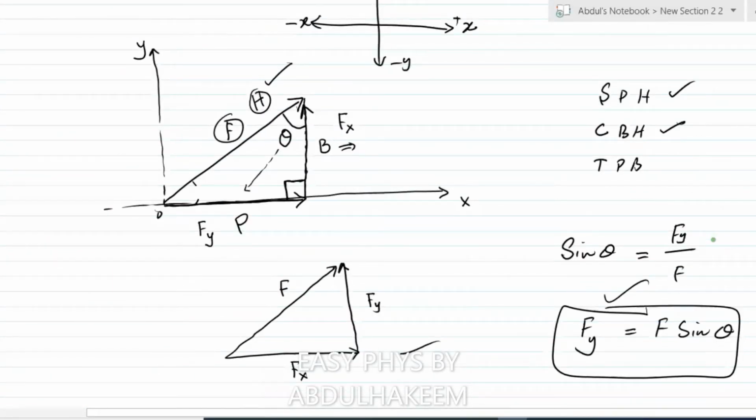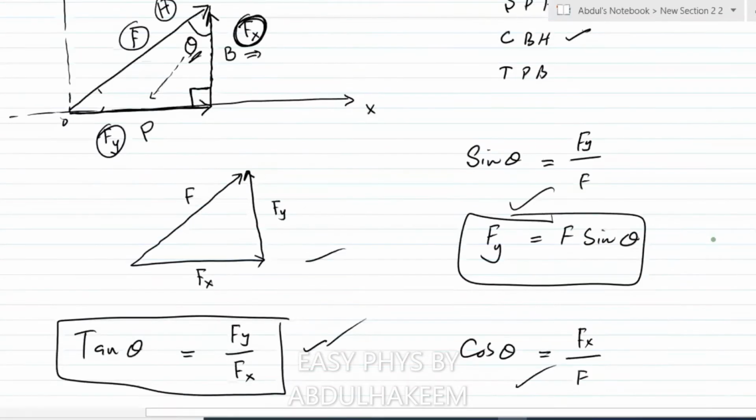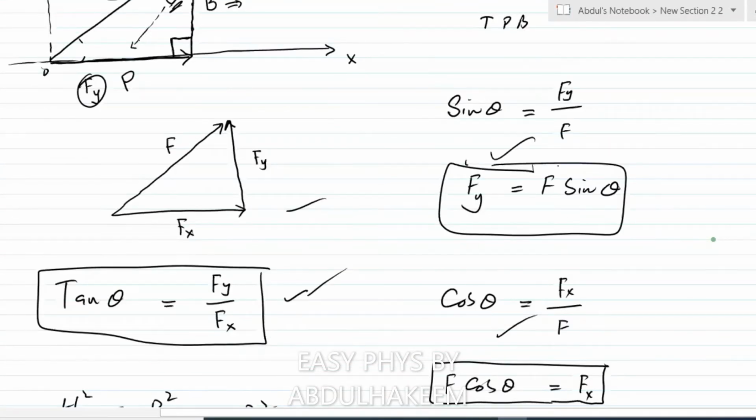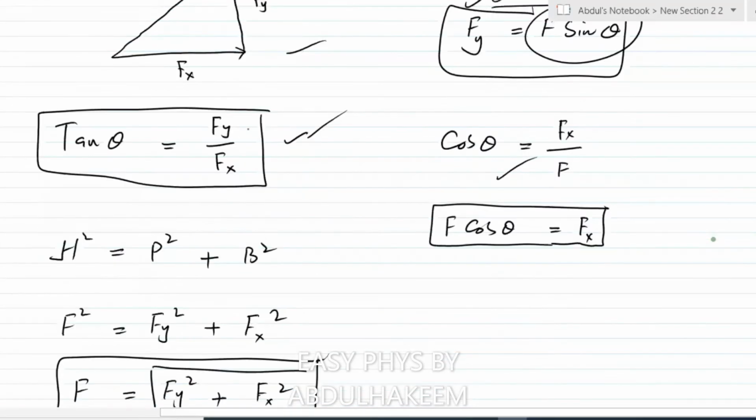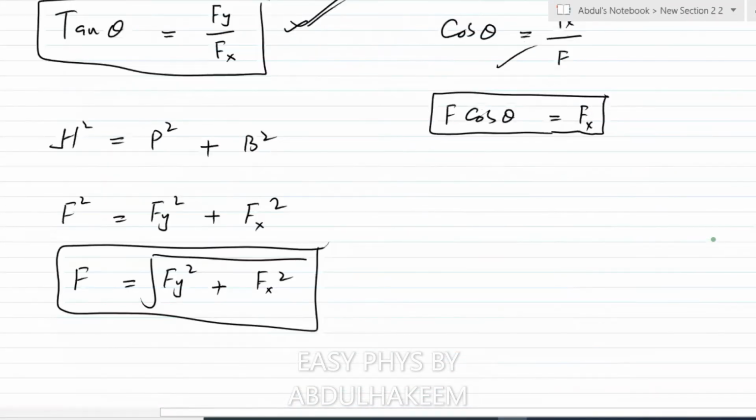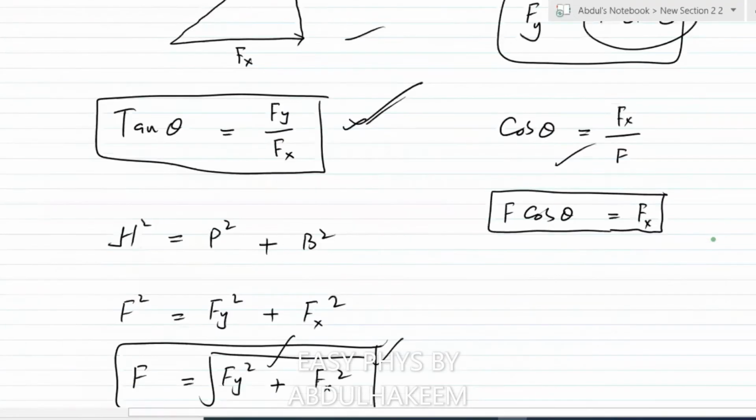So do remember, the side adjacent to the angle is the x component and the side opposite to the given angle is the y component. This is the rule. But the formulas Fy is F sine theta, Fx is F cos theta, tan theta is Fy over Fx, and F is Fy square plus Fx square, whole under root, will remain the same.